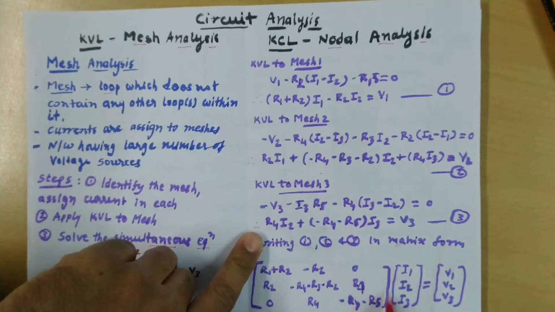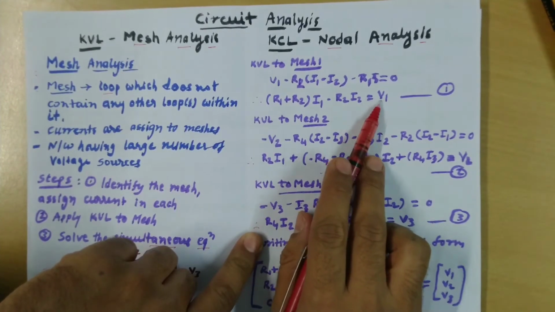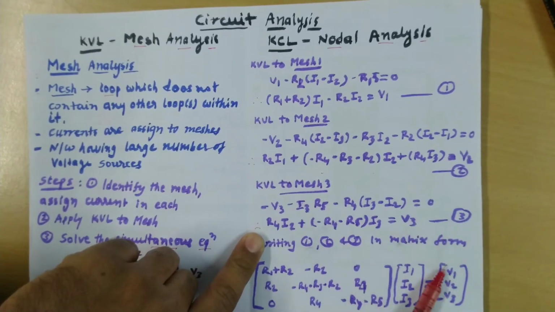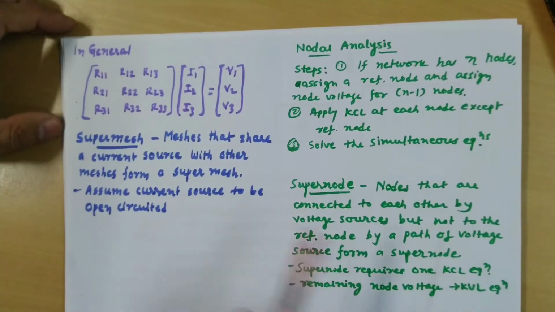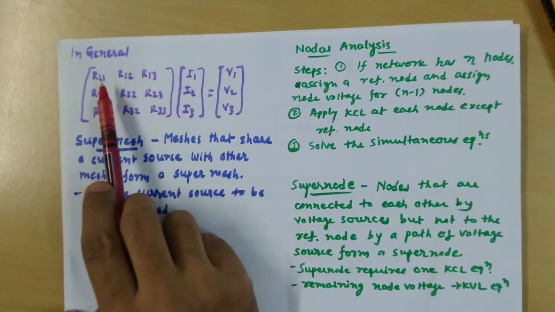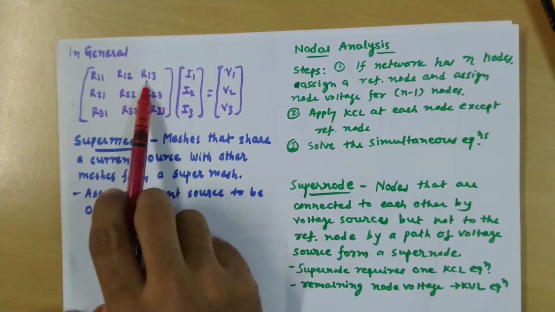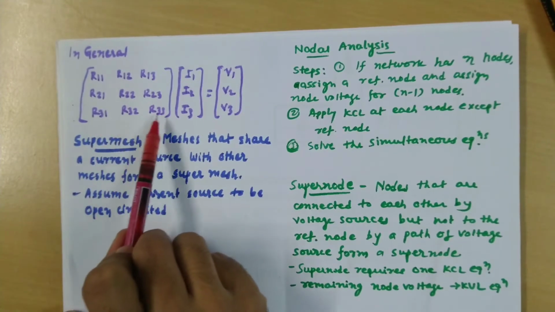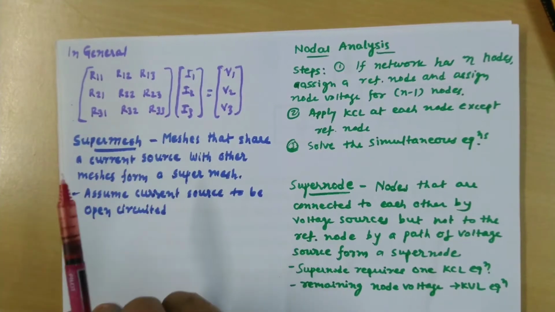So we can put these equations in the matrix form, and we have right side of the equal to V1, V2 and V3. So in general, we can write the matrix form like this: R11, R12, R13, R21, R22, R23, R31, R32, R33.